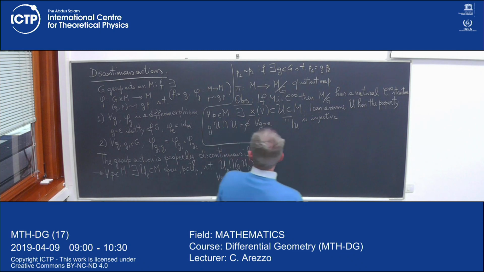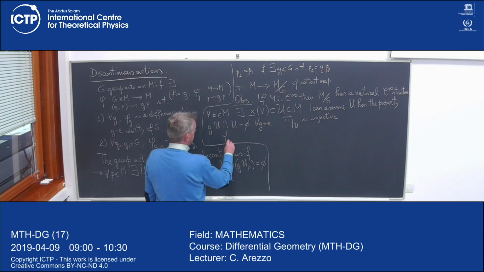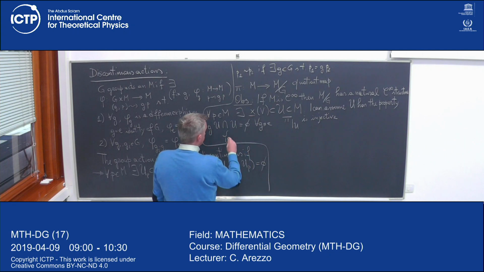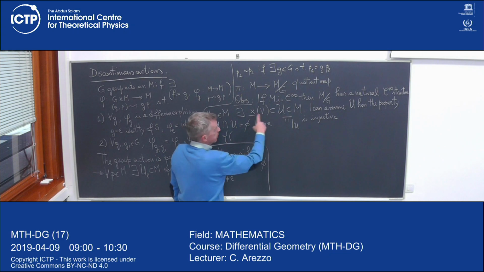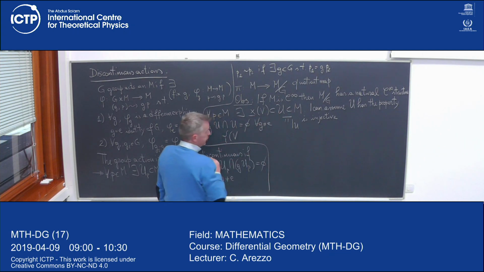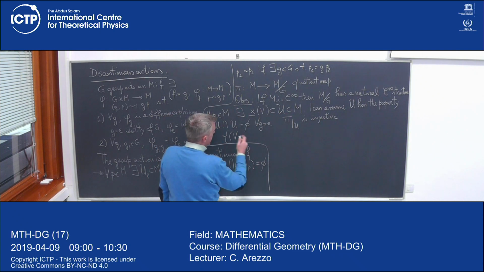And so, which should be my chart? The charts on the quotient will be just the same open set. So if V was sufficiently small in order to achieve this, I won't touch it as a domain in Rn. But then of course the map will be different.